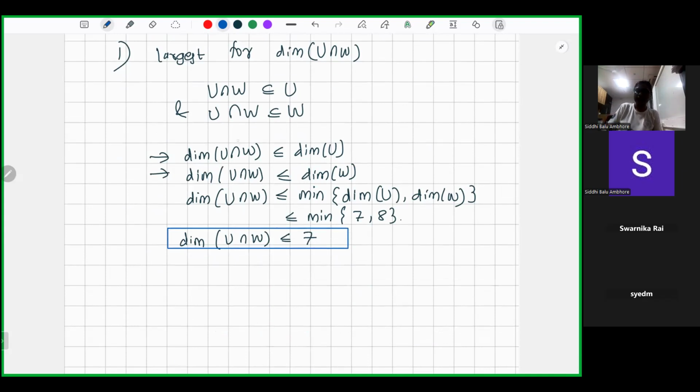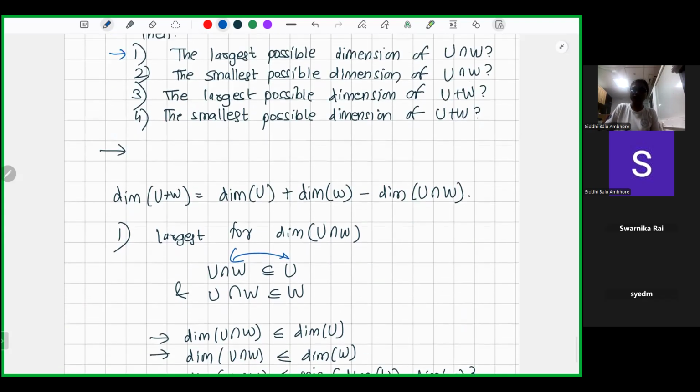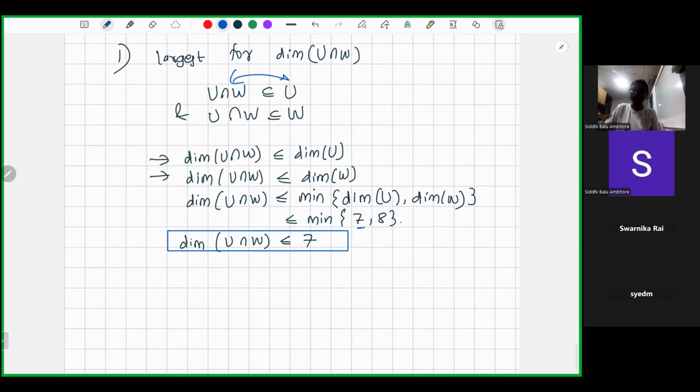See, U intersection W is contained in U, so its dimension will be less than or equal to that of U. Similarly, U intersection W is contained in W, so its dimension will also be less than or equal to that of W. If something is less than both, it must be less than the minimum of the two. Here that is the minimum of 7 and 8, which is 7.